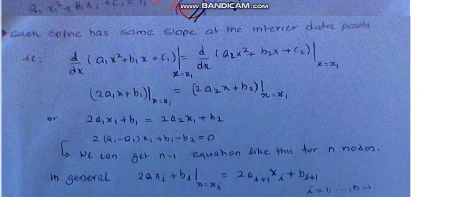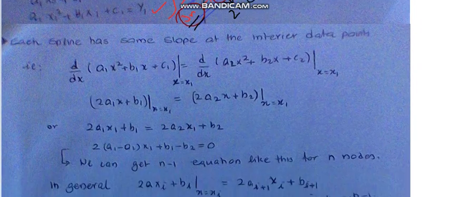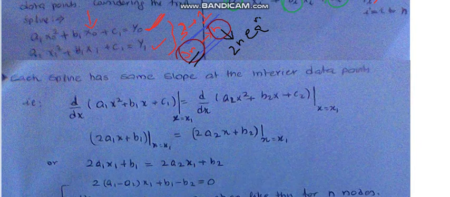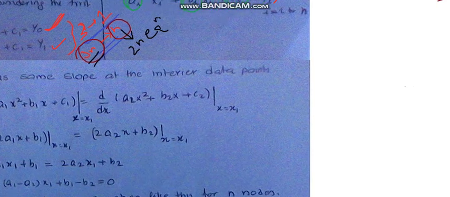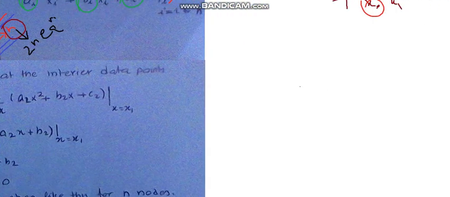So in order to have these 3n equations, we consider another important fact, that the spline will have the same slope at the interior data points. What that means is that if you are considering this spline, and it will be continuing like this.